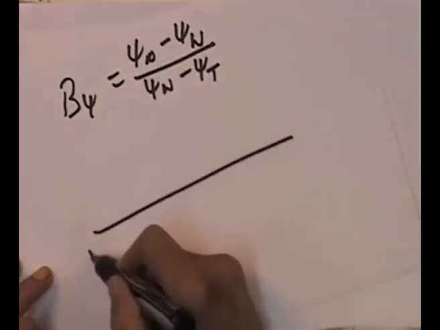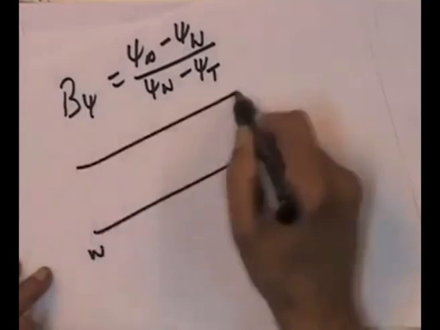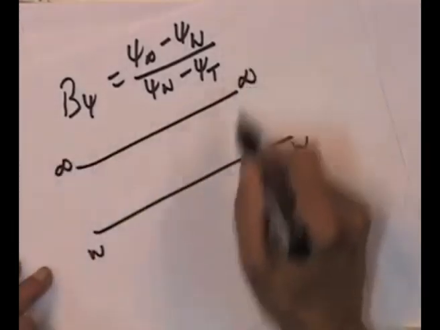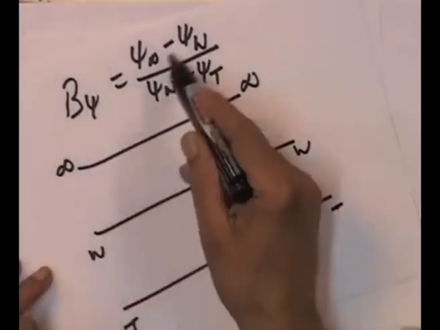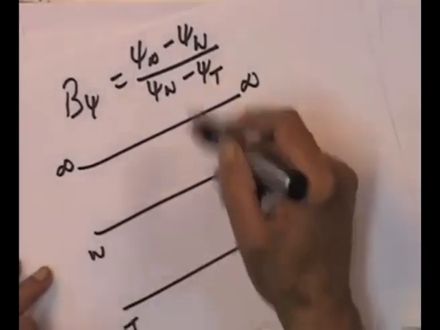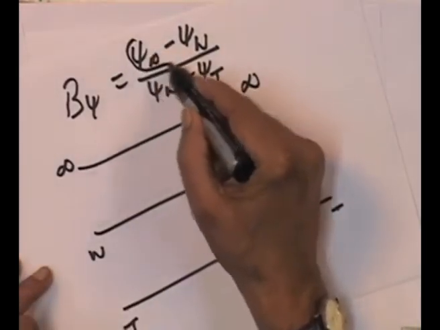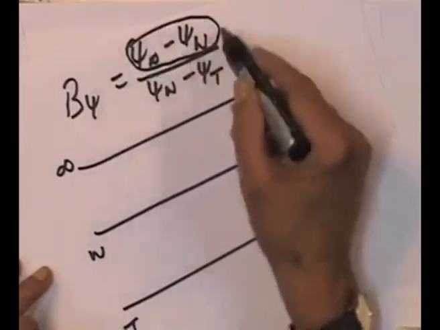So, if I have this as w, this as infinity state and this as t state, then a large B psi means that psi infinity minus psi w is very, very large.